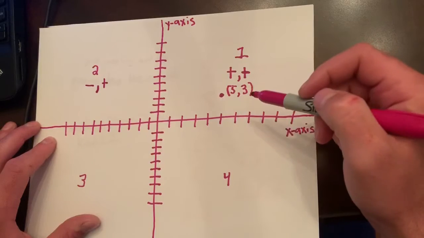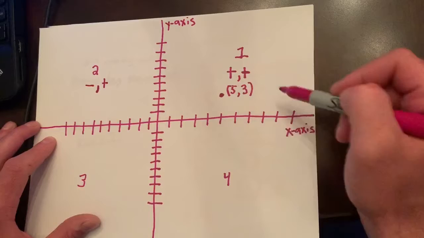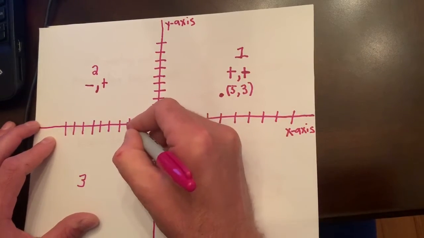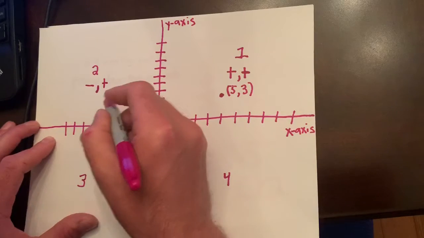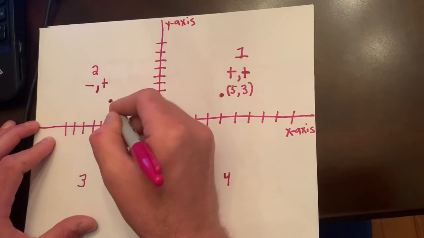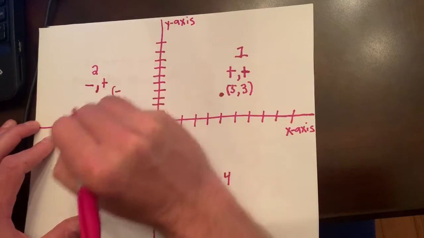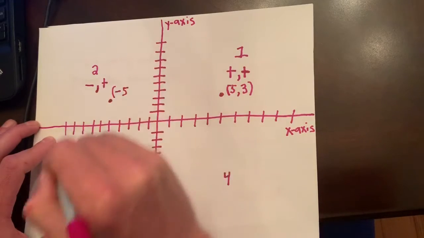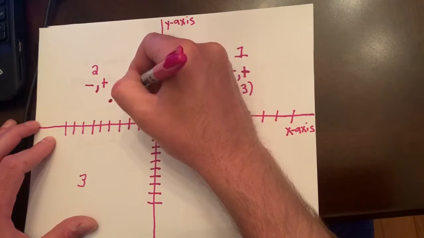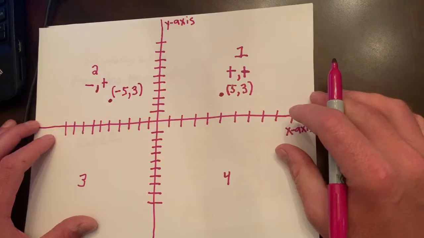So I'm going to stick with the same numbers here of 5 and 3. The difference is when I go to the left 5 and up 3, my x will be a negative 5 and my y coordinate will still be 3. All right.